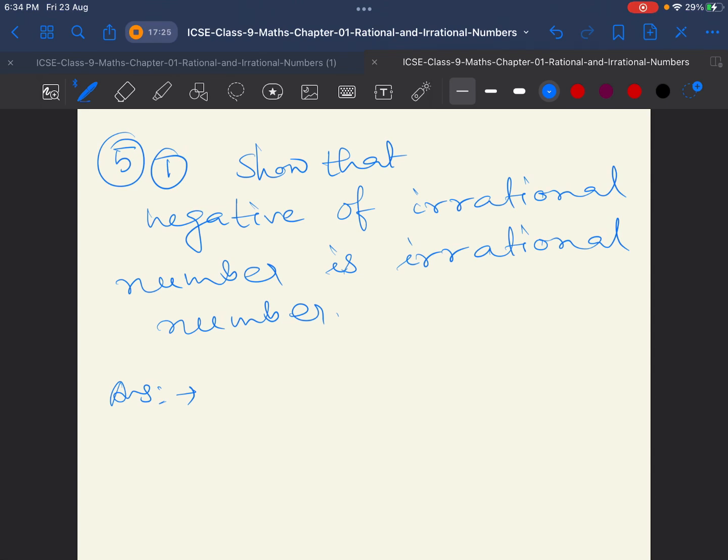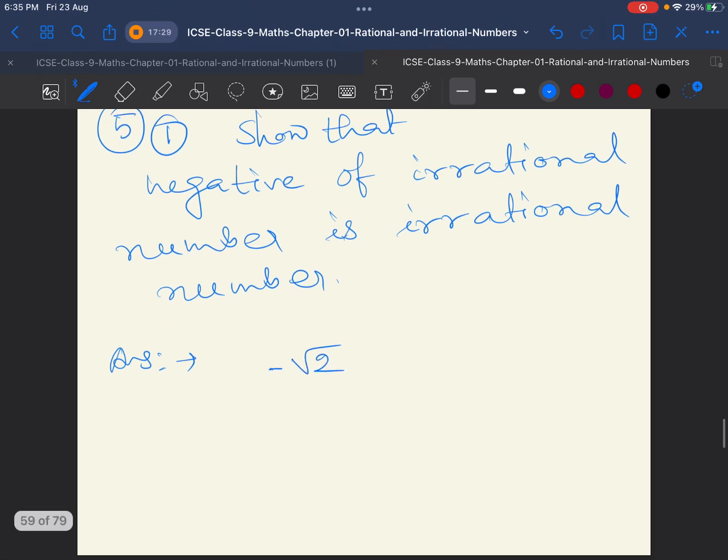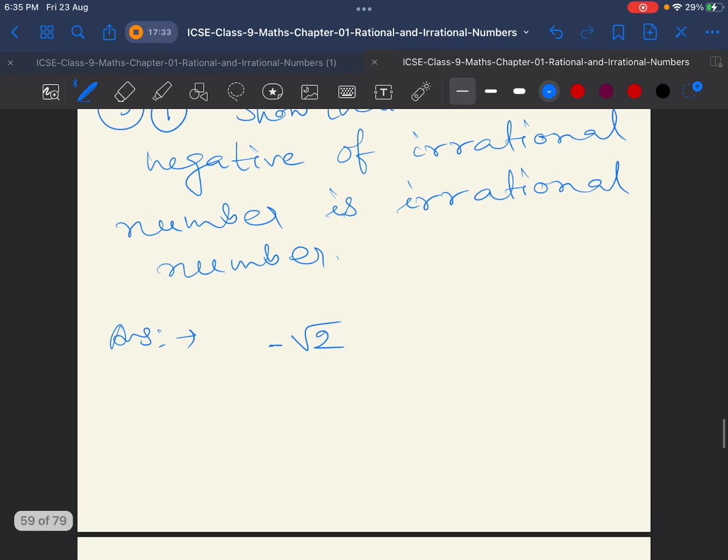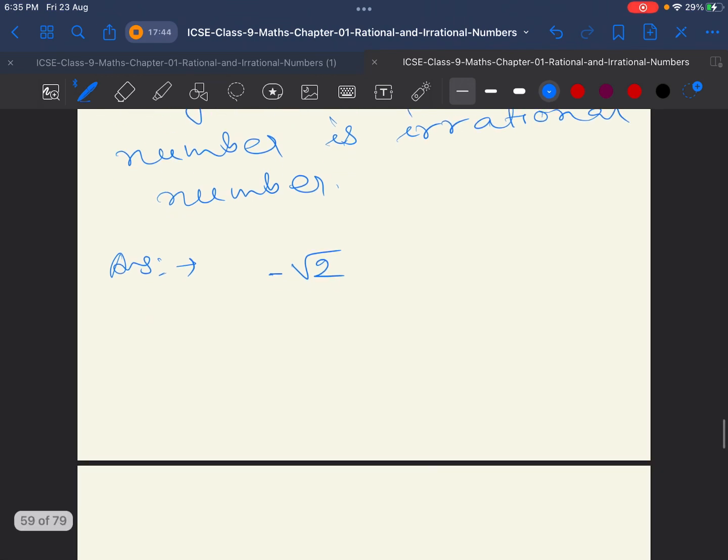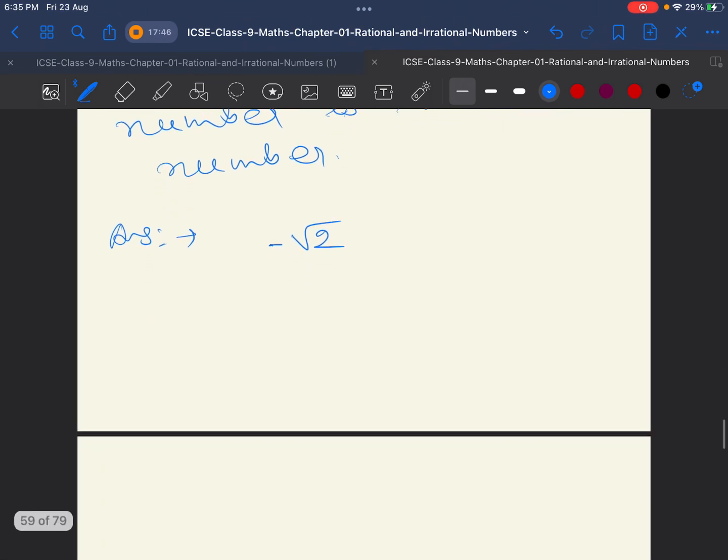So now if we take minus root 2, negative of any irrational number, root 2 is an irrational number. Here we have to show that root 2 is an irrational number.